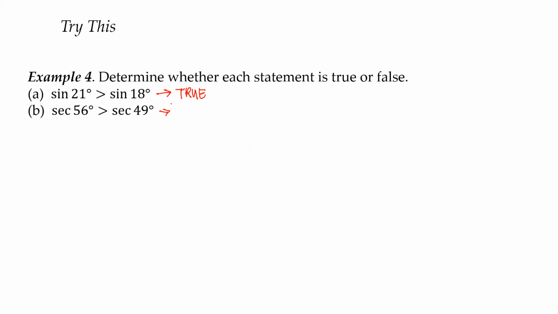So 1 divided by cosine 56 is 1.7883, and 1 divided by cosine 49 is 1.5243, which is less than secant 56. So this is also true.